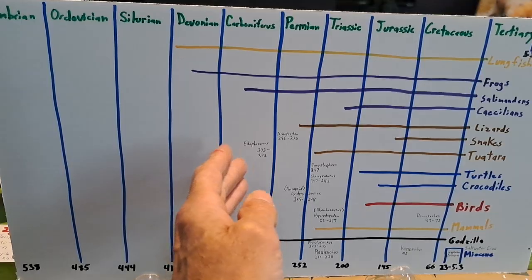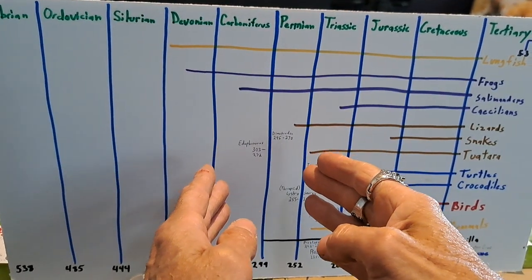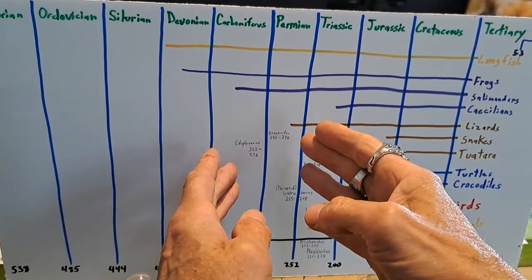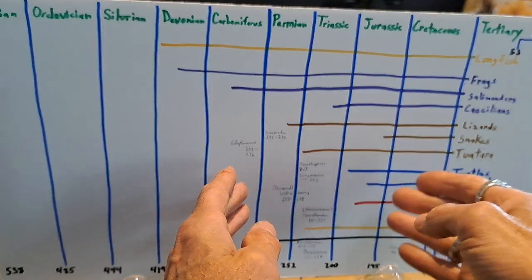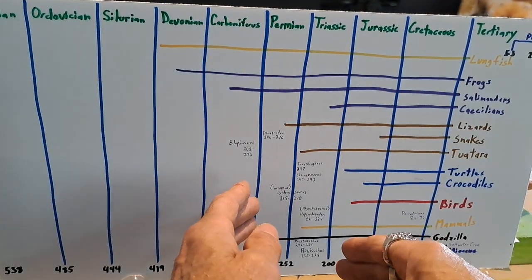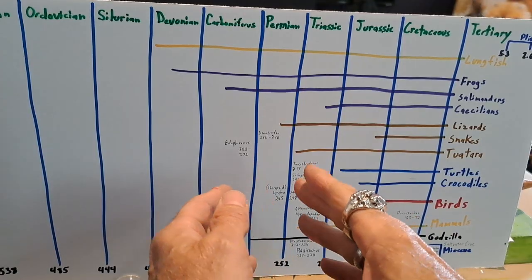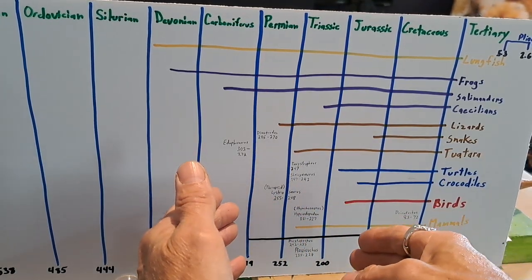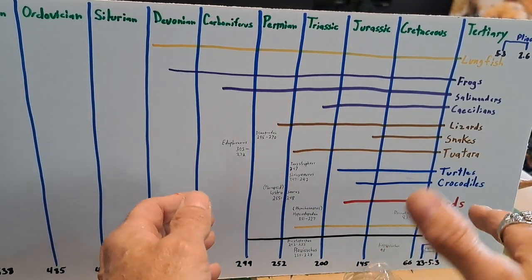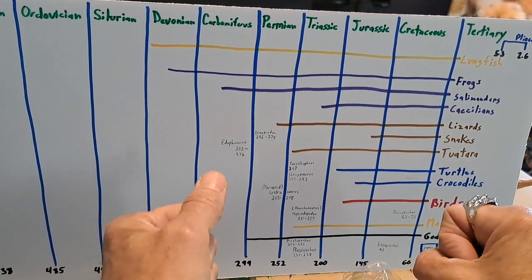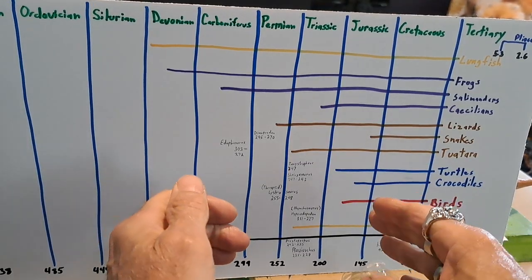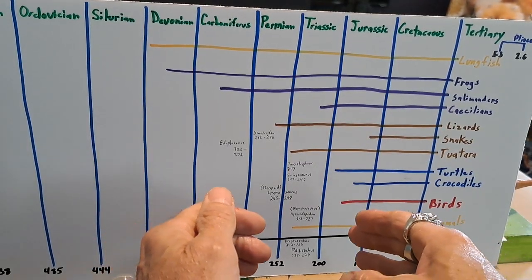Hadrosaurs, Dimetrodon, those are still not dinosaurs, okay? So we're still dealing with ancient reptiles. We don't get the dinosaurs until we get into the Triassic. Actually, the early Triassic is when we see our first dinosaurs, like around 240 million years ago. And you still have some ancient reptiles.